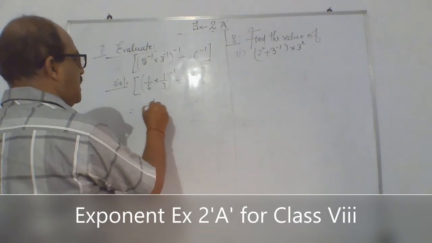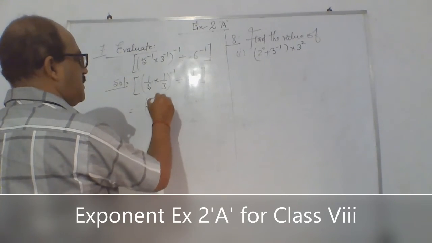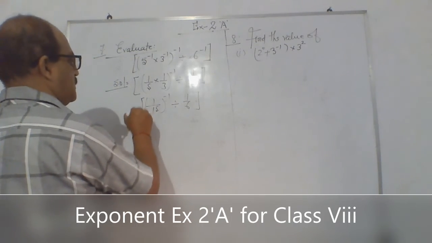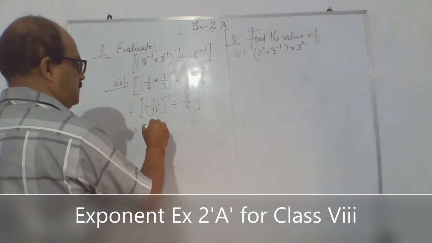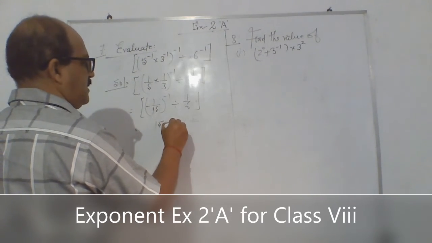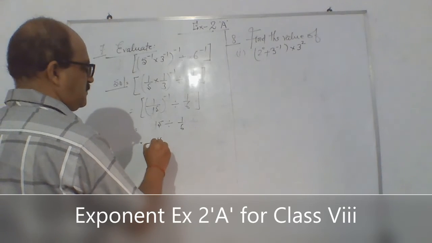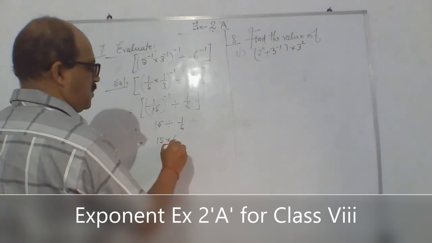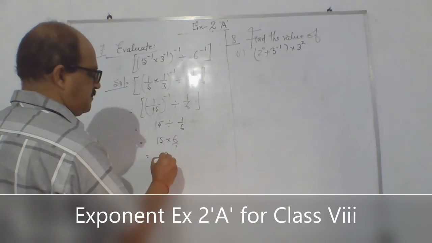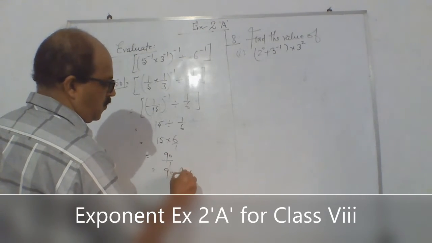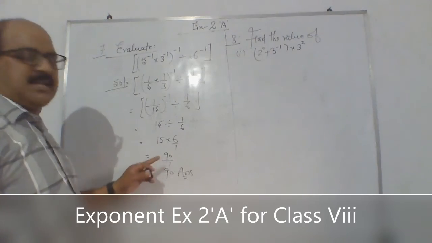So (1/15)^-1 divided by 1 by 6. Here 15 divided by 1 by 6 means 15 into 6 by 1, 90 by 1, which means 90. As we know, 1 is always laying in the place of denominator.